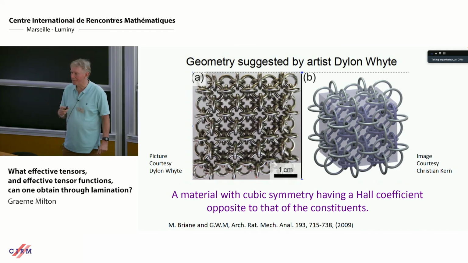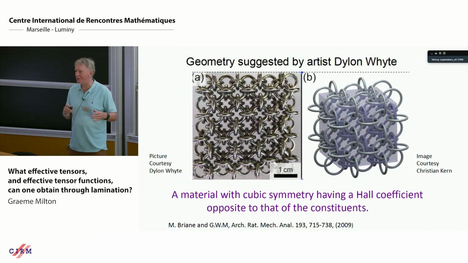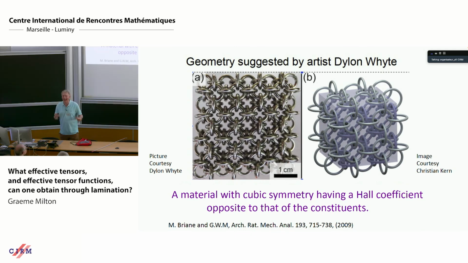Marc looked on the web and found this artist, Dylan White, who specializes in making chainmail. On his website, there was this Japanese type chainmail. It was exactly the one we were looking at. And then he said, did you think about the 3-dimensional one? That turned out to be exactly what we needed.